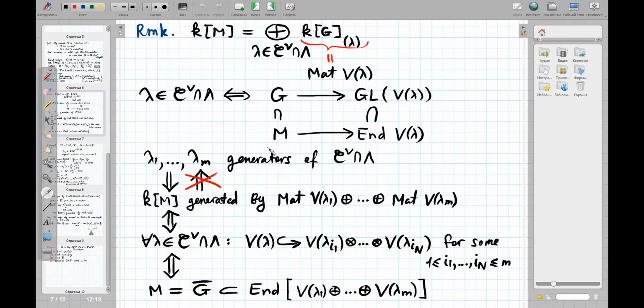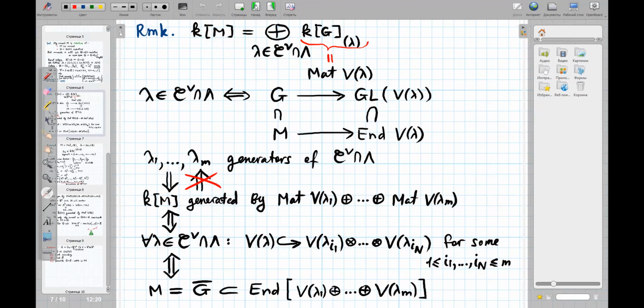So if you prove that the coordinate algebra of your monoid has this type of decomposition corresponding to all lattice vectors in some cone, this will mean that the coordinate algebra of your monoid coincides with the coordinate algebra of some other monoid corresponding to this cone.